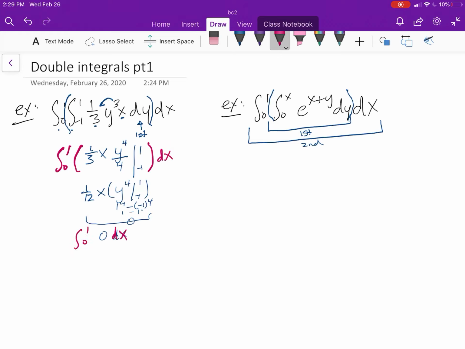Switch back to that other color here. And well, to integrate 0, we still get 0, right? Because 0x and then substitute 1 and 0, we still get 0. Okay, that was a weird one, but it is possible. Okay, we do this integral and we get a 0.